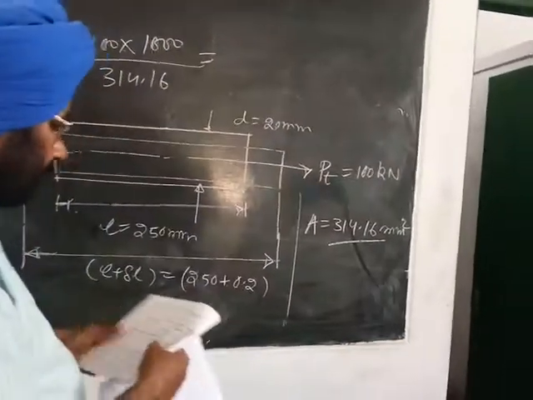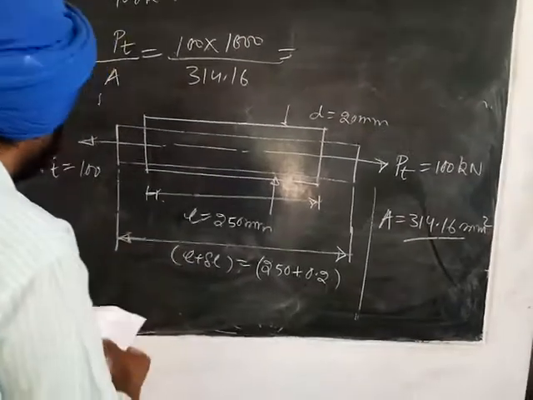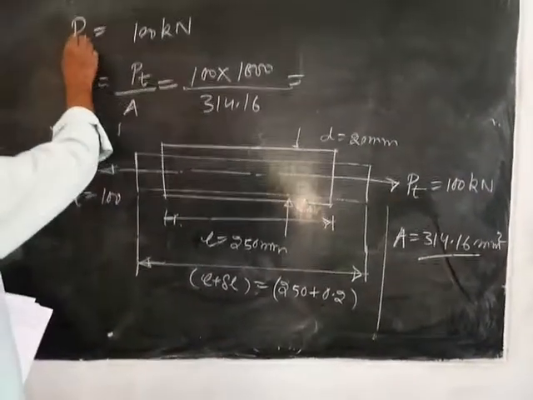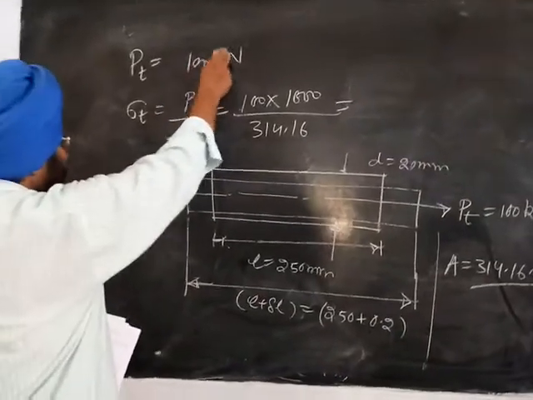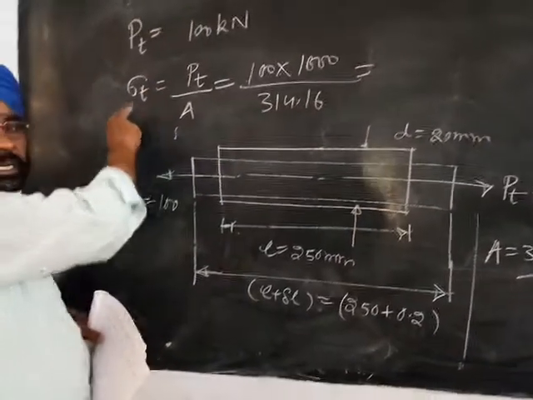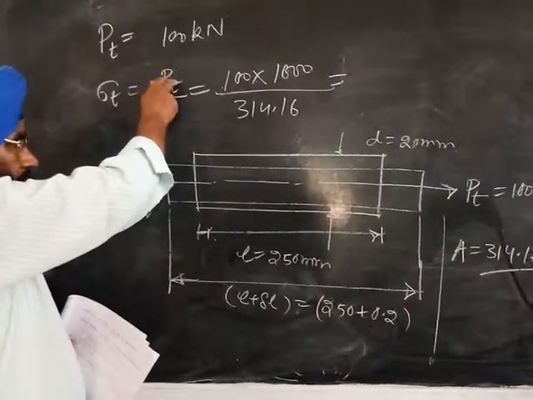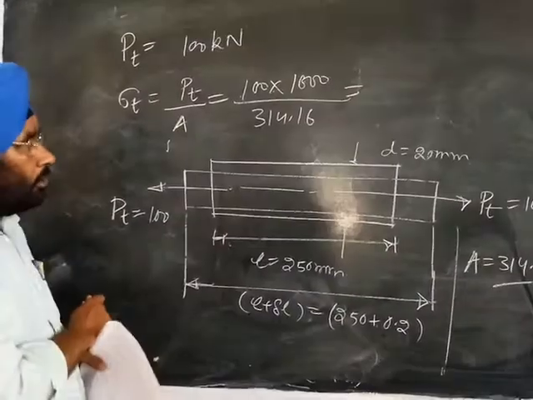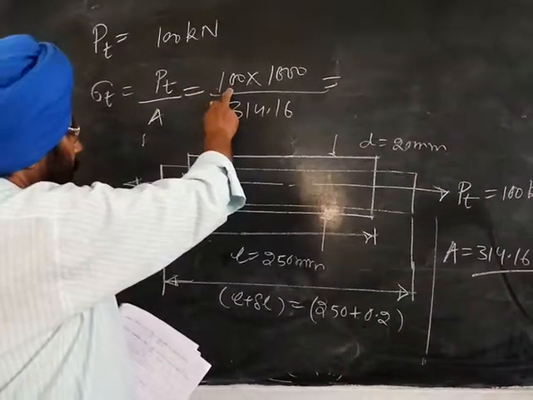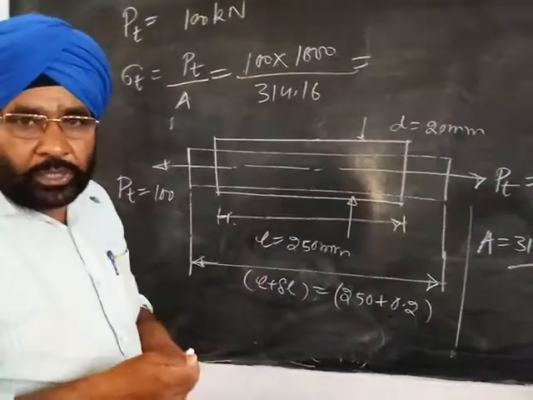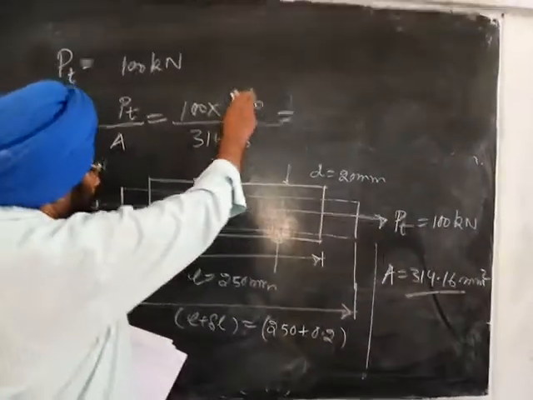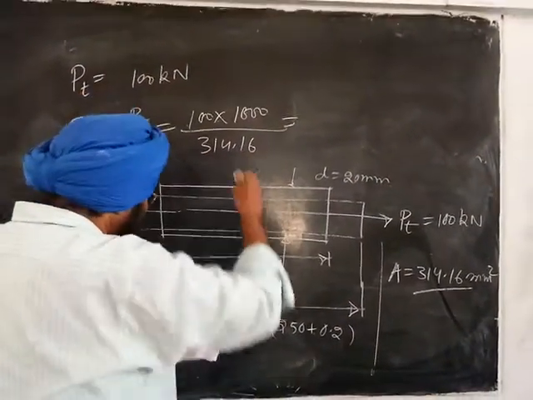So then what is tensile stress? Tensile stress sigma t is the tensile load upon cross section area of the rod. The tensile load is 100 kN. To convert kilonewton into Newton, multiply by 1000, upon 314.16.